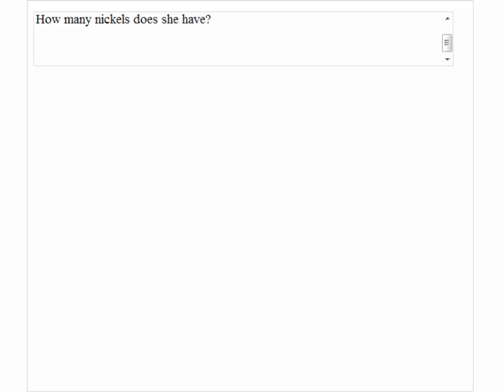A woman has $1.70 in dimes and nickels. She has 2 more dimes than nickels. How many nickels does she have? First, we let x be the number of nickels.